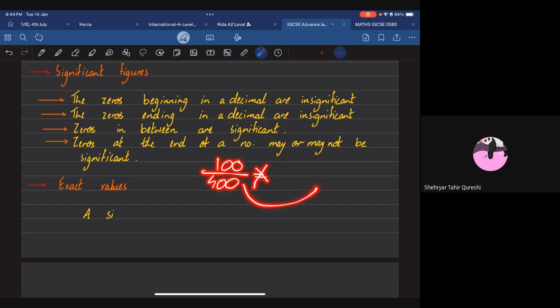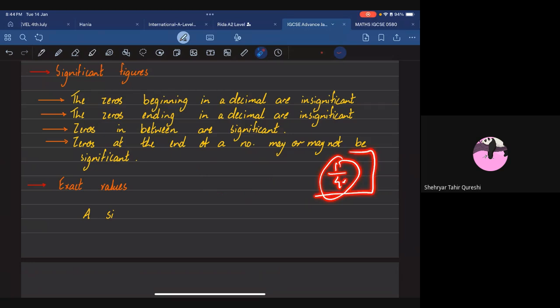An exact value answer would be 1 over 4, because 100 over 400 can be further simplified. But 1 over 4, if simplifying it further would mean use of the calculator, you can just leave it as it is, and it will be considered an exact value. So a simplified fraction is an exact value.